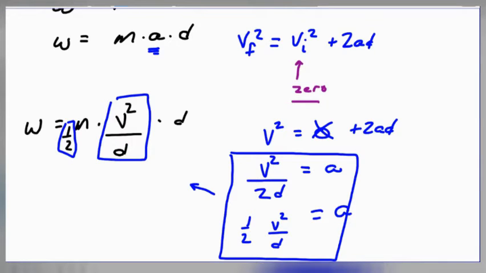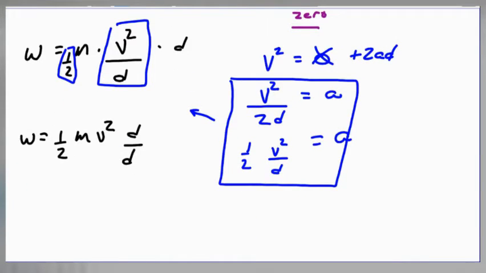What you should notice is that we've got this whole thing. I'm just going to clean this up a little bit here. We've got work is 1/2 mv squared, d over d. Well, d over d is just anything divided by itself. It's just 1. So we have this equation that the work is 1/2 the mass times the velocity squared.